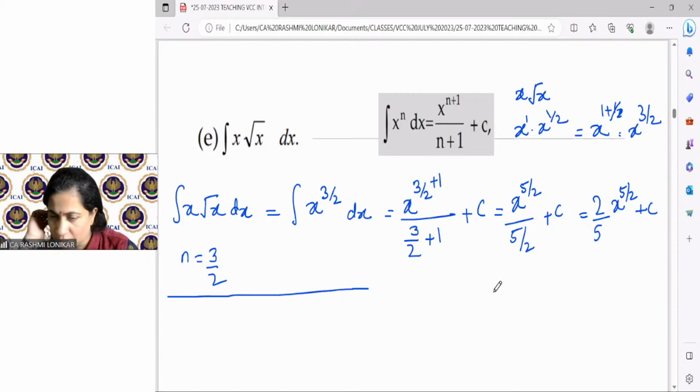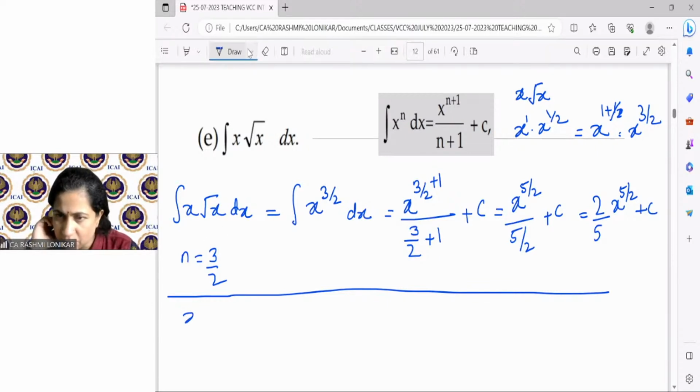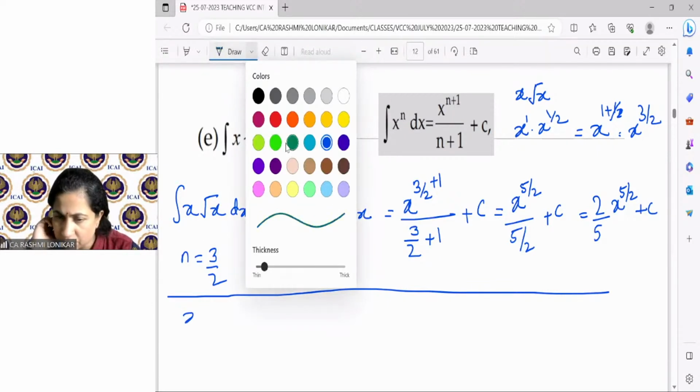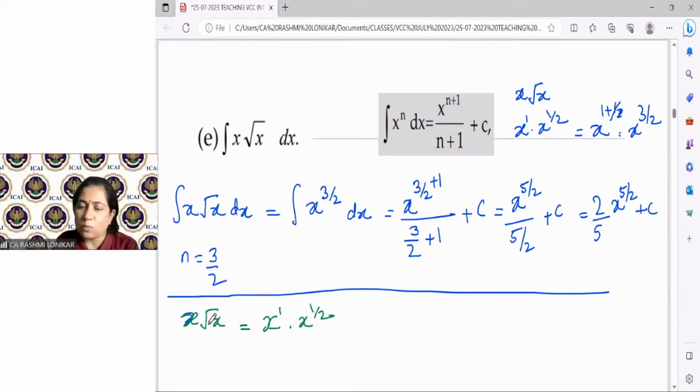Ayush, please pay attention. Now I have x root x. I will write this as x raised to 1 into x raised to half, because x is x raised to 1, and root x means square root, so 1 by 2.